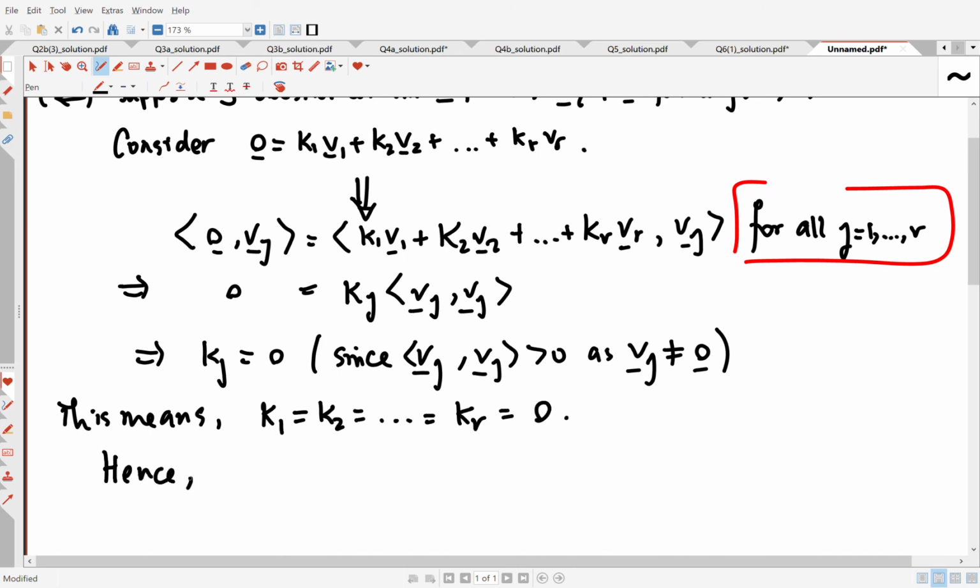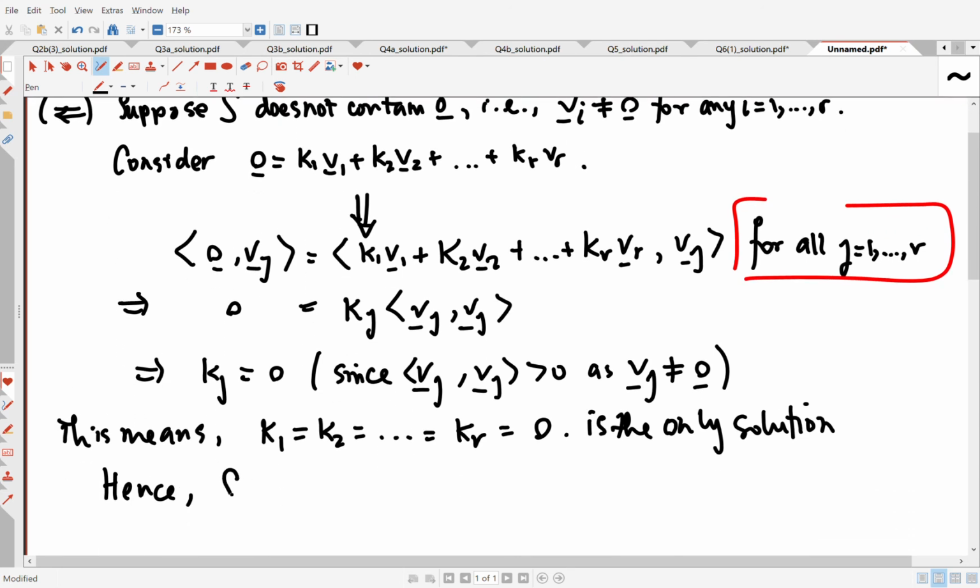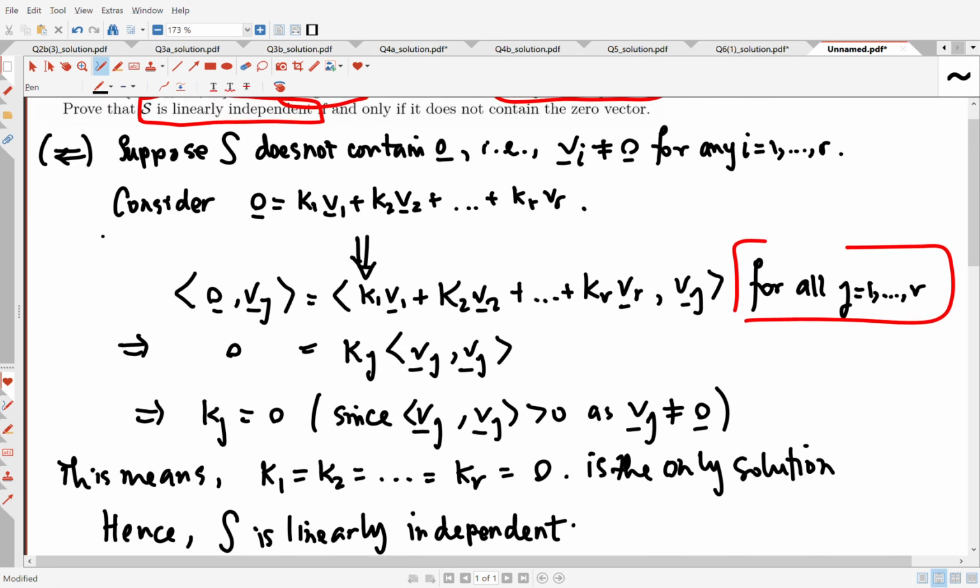And we are done, because we only have the trivial solution as the only solution. Hence the set S is linearly independent. Okay, done. Hope it is clear.